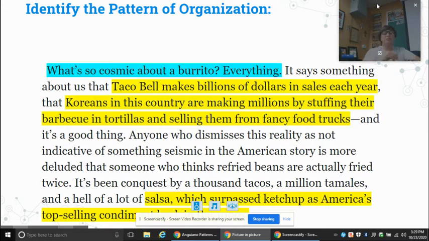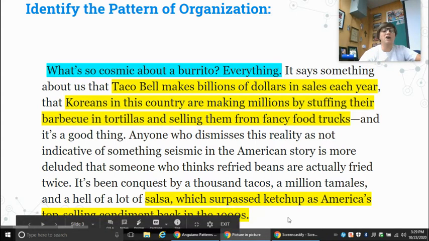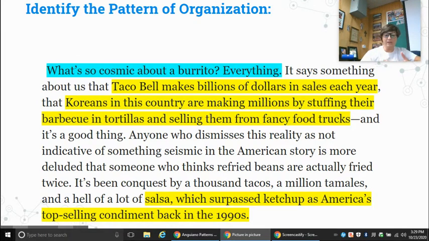Okay, so this is the first paragraph that we're going to be looking at. So if you just looked at the highlighted information, this paragraph makes absolutely no sense. Okay, so it's very important that you read the paragraph all the way through so that you understand the context and that you can see what the writer in this situation is trying to accomplish.